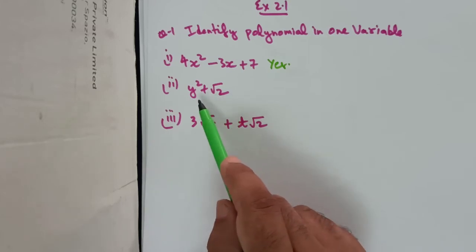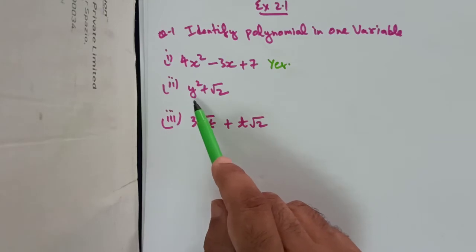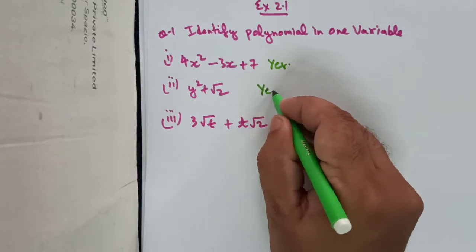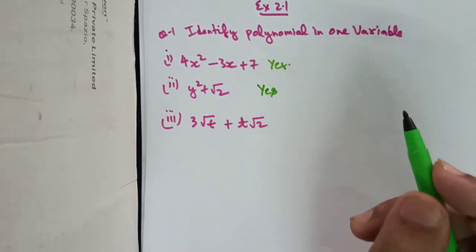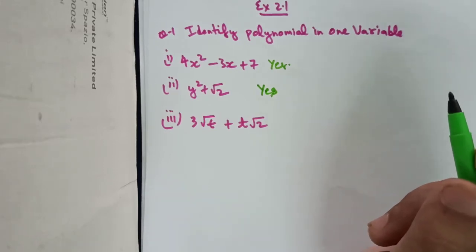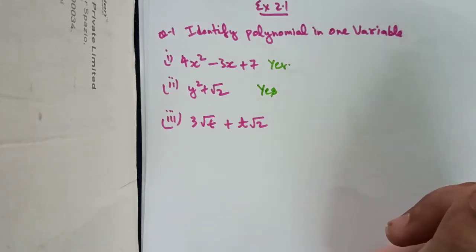So yes, it is a polynomial. And what is the variable in this polynomial? y is the variable. So for the second part also the answer is yes, it is a polynomial of degree 2, and it is a polynomial in one variable, that is, the variable y.